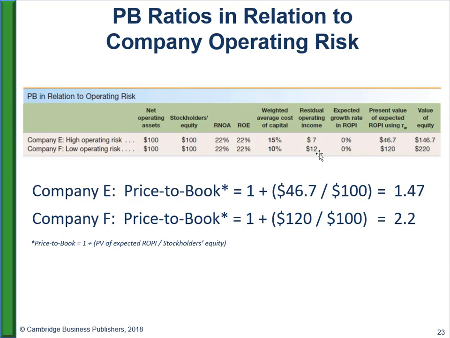Okay, now let's hold everything else constant and vary operating risk. Operating risk in this scenario is, let's see, 46. Over here, the present value of expected ROPE using the weighted average cost of capital. And again, that operating risk shows up in that weighted average cost of capital. So as we vary that between low operating risk and high operating risk, we similarly see the company with low risk here, company F, has a higher price to book ratio than company E, again, all else equal.